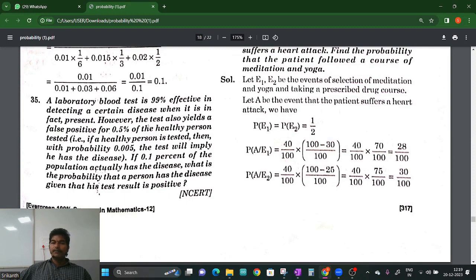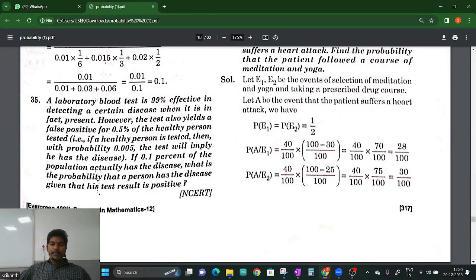However, the test also yields a false positive for 0.5% of healthy persons tested. If he is a healthy person and is tested, the chance of getting a false report is 0.5%, with a probability 0.005. The test will imply he has a disease.